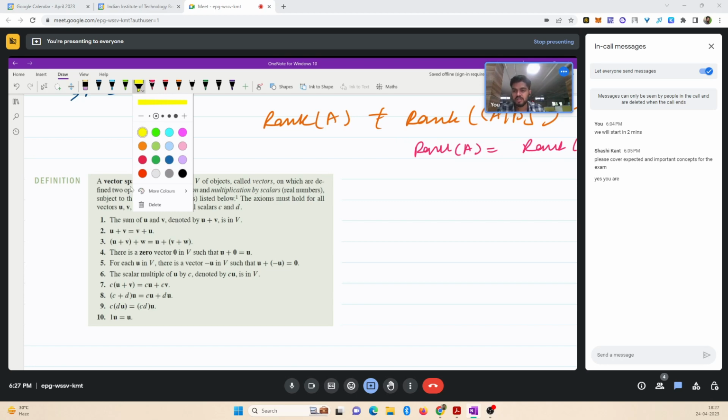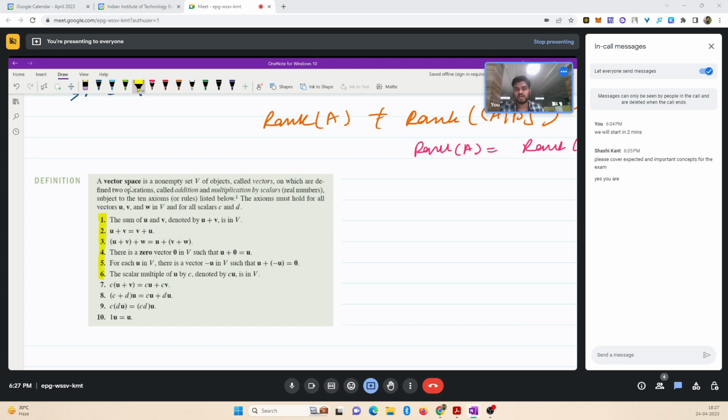First thing is that a vector space is always defined over a field. What is a field? A field is a mathematical quantity satisfying some properties. If you go through some course on abstract algebra, then probably you will learn what a field is.